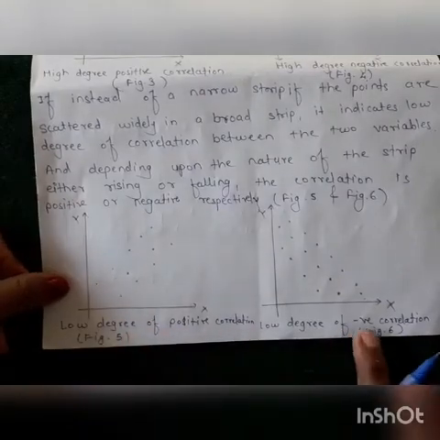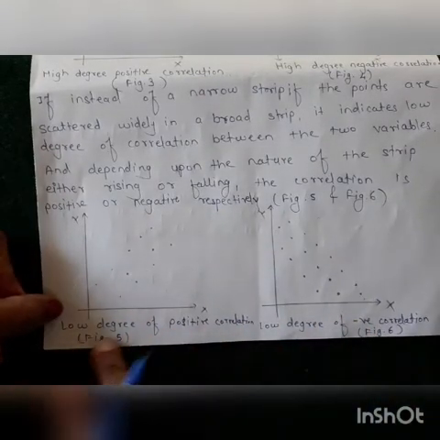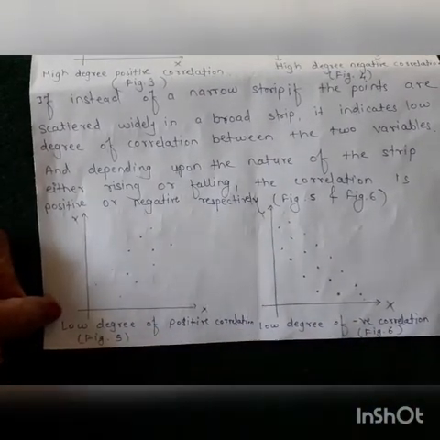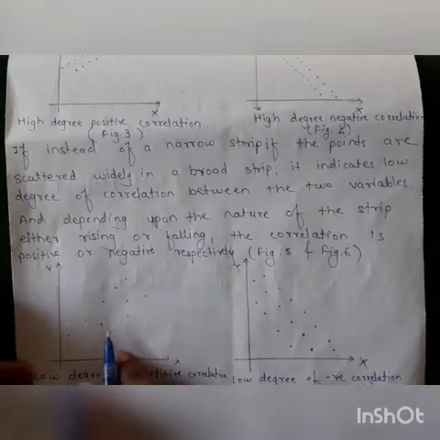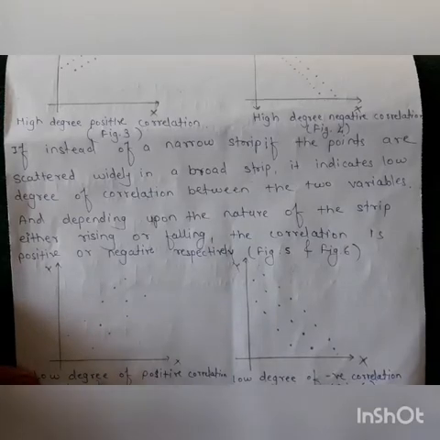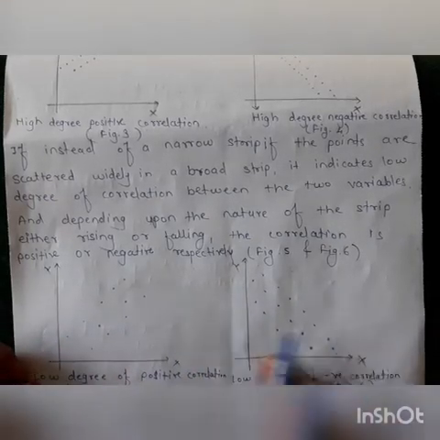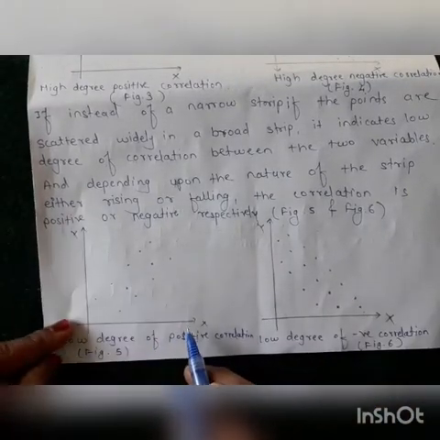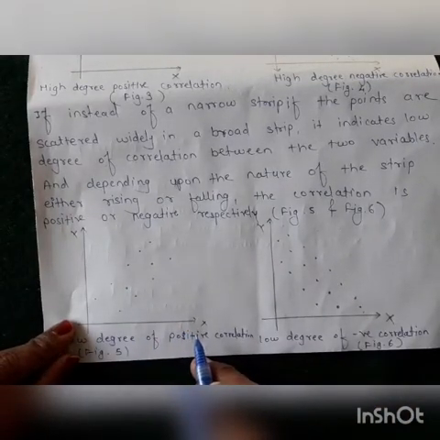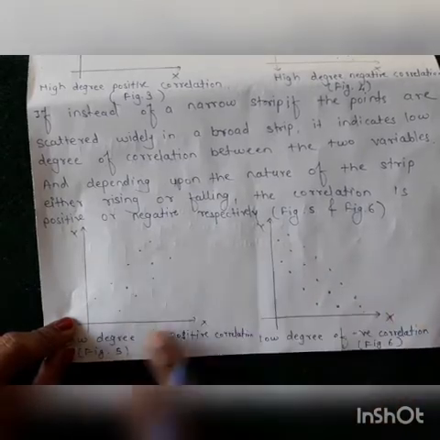Figure 5 and figure 6 indicate low degree of positive correlation and low degree of negative correlation. That means this broad strip indicates a low degree of correlation between the two variables, and depending upon the nature of the strip, either rising or falling, the correlation is positive or negative respectively.